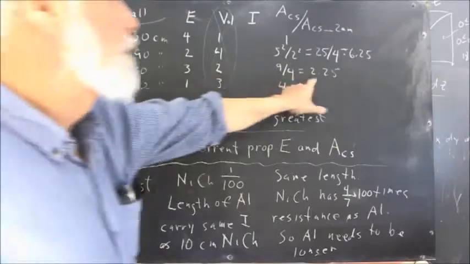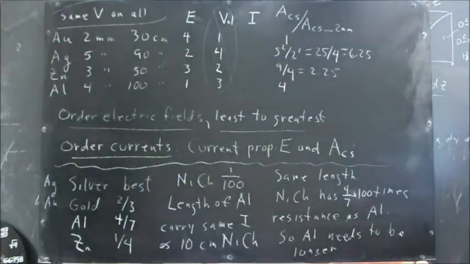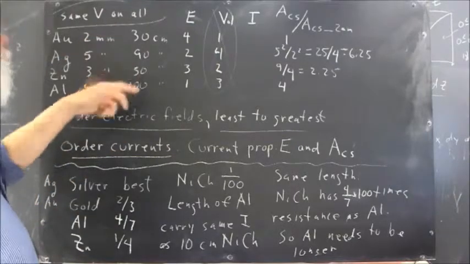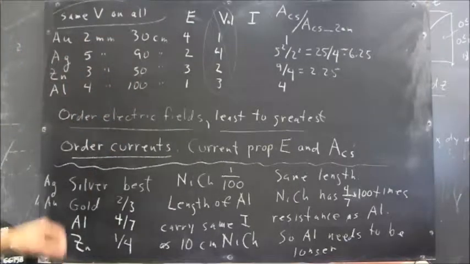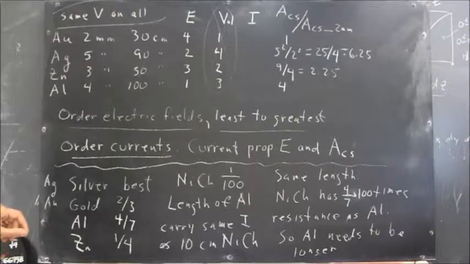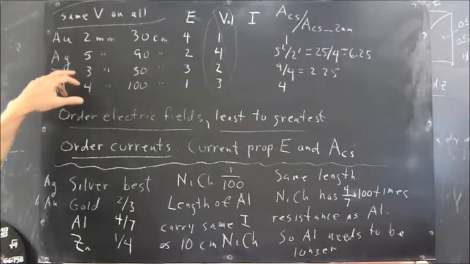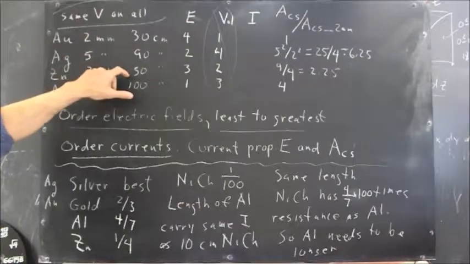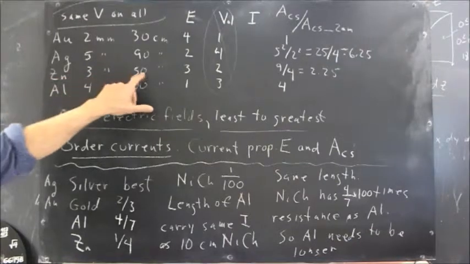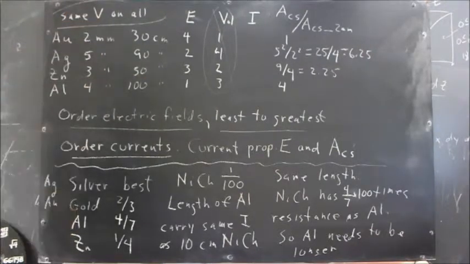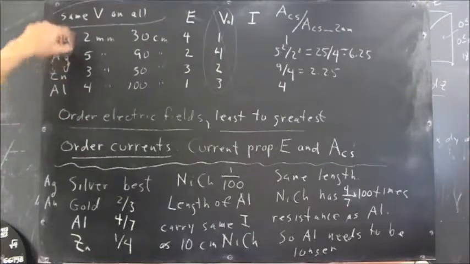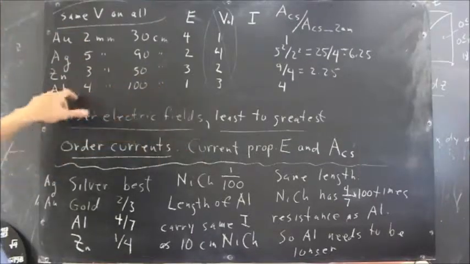Okay, well, here we have 2.25 as the ratio of the areas. Ratio of the lengths is like 1.6, so we have over twice the area, less than twice the length. That's going to lead to a greater current than we have here. Okay, on this one we have diameter 4 compared with diameter 2, we're going to get 4 squared over 2 squared.